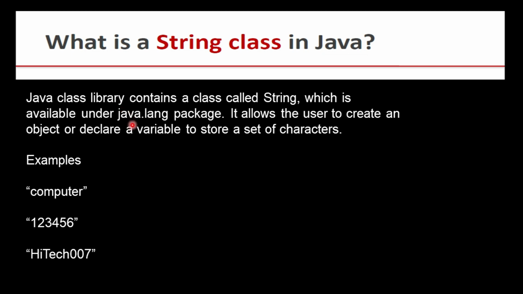You know that a package is a collection of classes, and even sub packages can be included. So java.lang is a basic package that is loaded when you load Java.